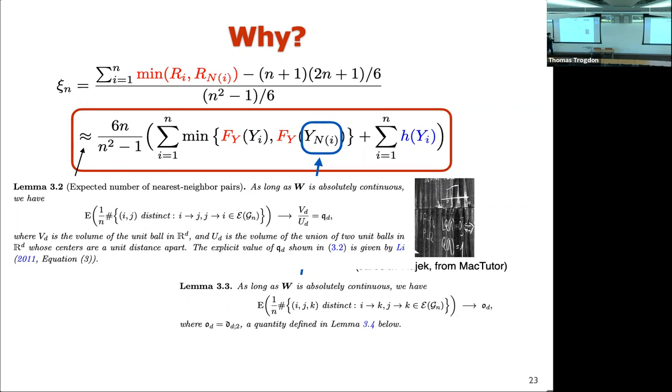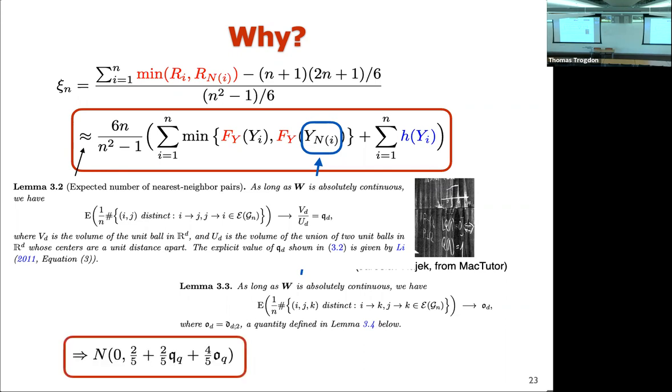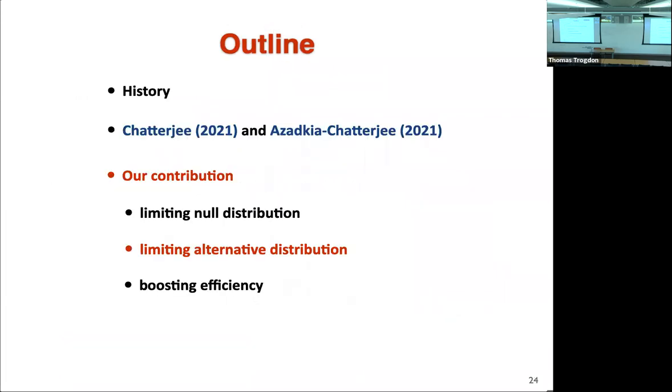The first one is about whether two nodes are nearest neighbors of each other. And the second one is a very similar one. The first one will converge to QD, the second one will converge to OD. That is where the Q and O come from. With that, we can finish the job. And then what about the limiting alternative distribution?